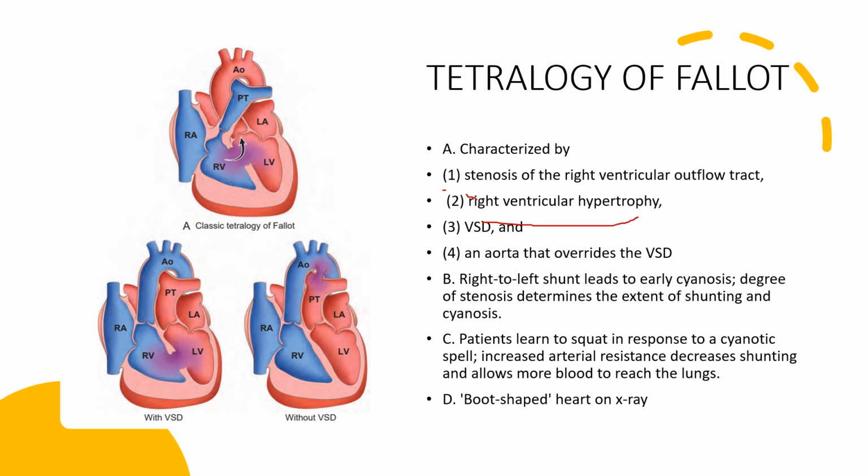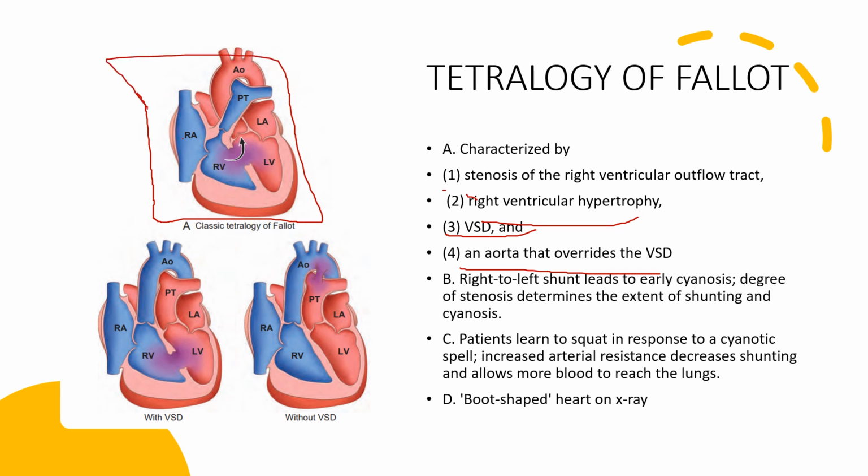Also there is VSD, that is a ventricular septal defect, and an aorta that overrides the VSD. You can see in this diagram the condition of the heart in tetralogy of Fallot.